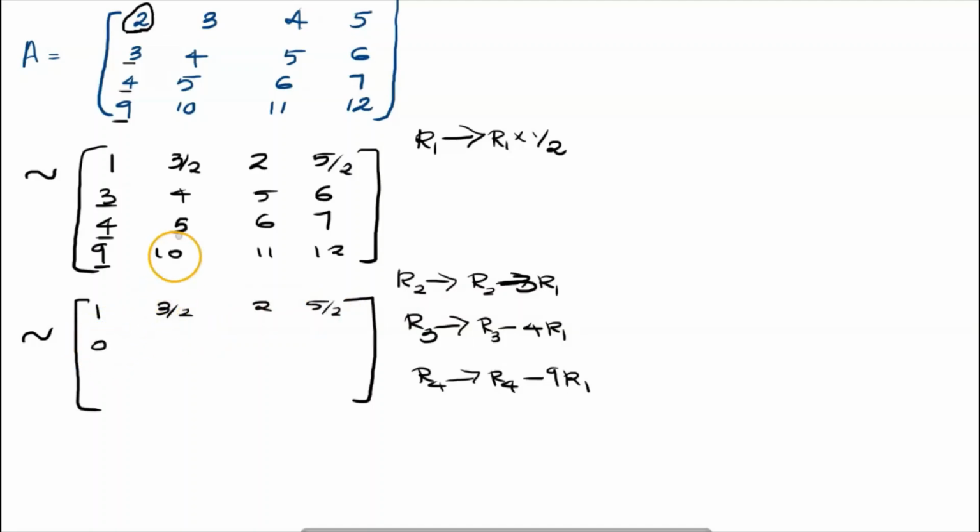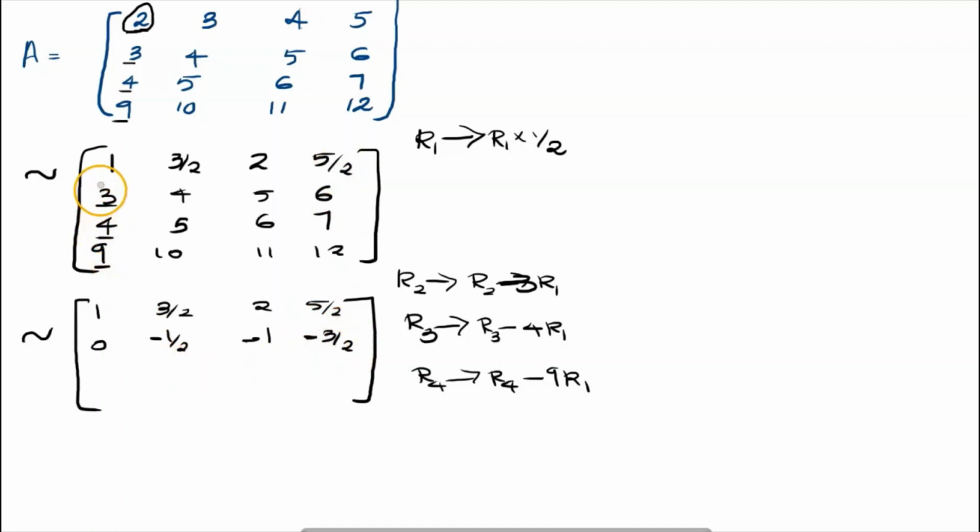This is 0. 4 minus, this is 3 into R1, 4 minus 9 by 2, is minus 1 by 2. And 5 minus 6, this is minus 1. 6 minus 15 by 2, that is minus 3 by 2.